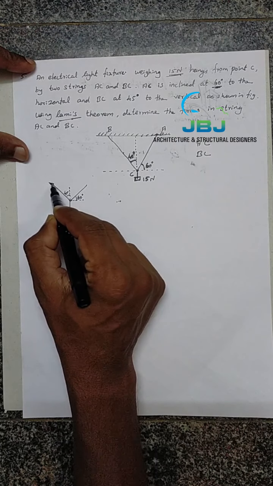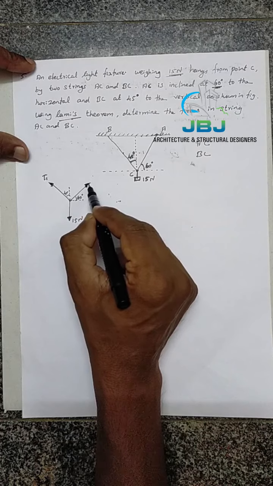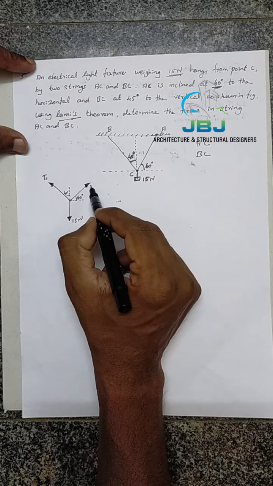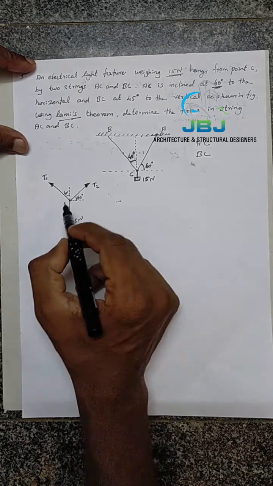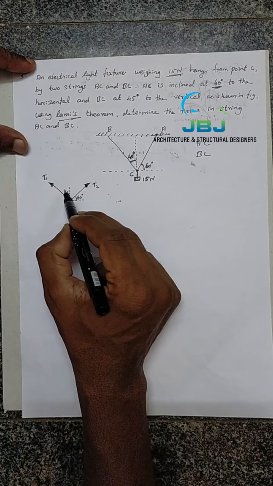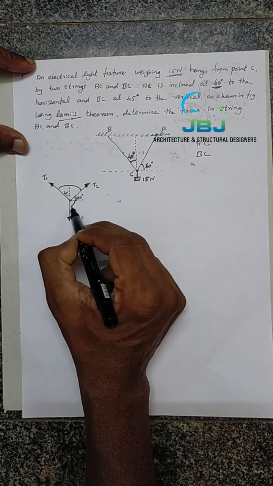This is the T1. T1 is nothing but tension 1 or F1, whatever, as you wish, you can give the name. This is T2. How can we find the angle between these two strings as well as these things?